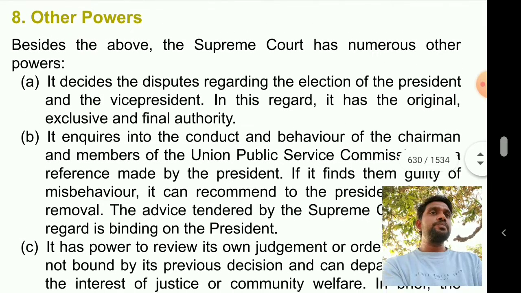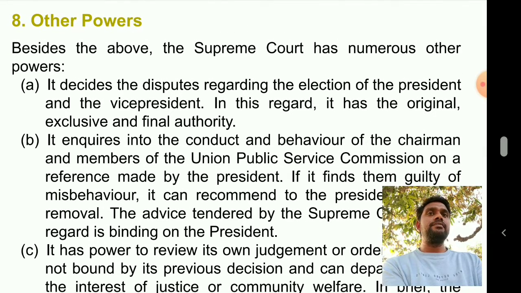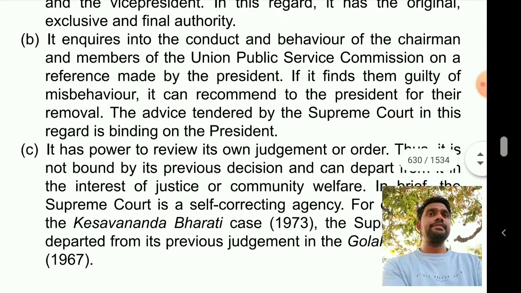Next is other powers. Besides the above, the Supreme Court has numerous other powers. A. It decides the disputes regarding the election of the president and the vice president. In this regard, it has the original, exclusive, and final authority.